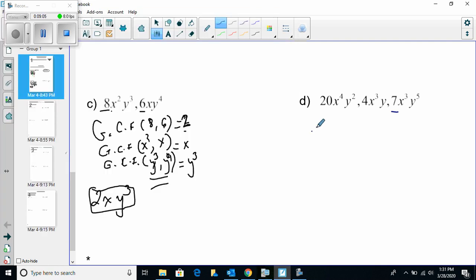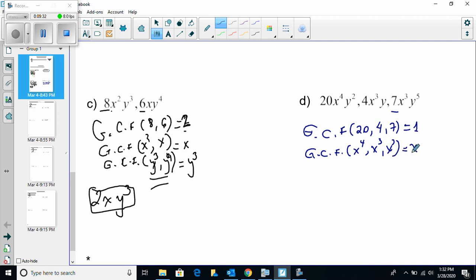So the greatest common factor between 20, 4, and 7 is 1. And now the greatest common factor between x to the power of 4, x to the power of 3, x to the power of 3 is x to the power of 3, the lowest exponent.